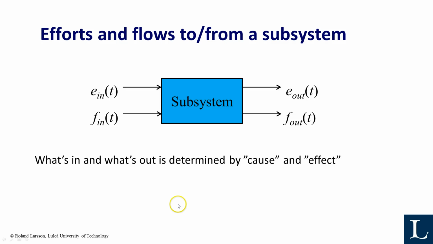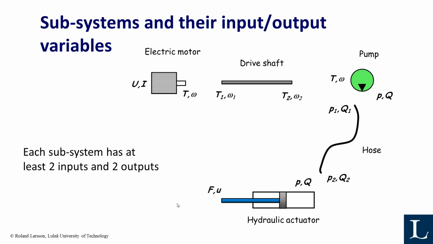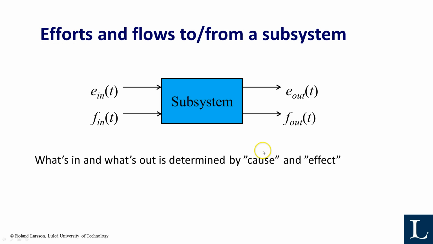And for all these subsystems, as you may see here, there are two types of inputs and outputs at both ends. Some are connected to forces, voltage, torque or pressure, while the other type is current, fluid flow, speed, rotational speed.